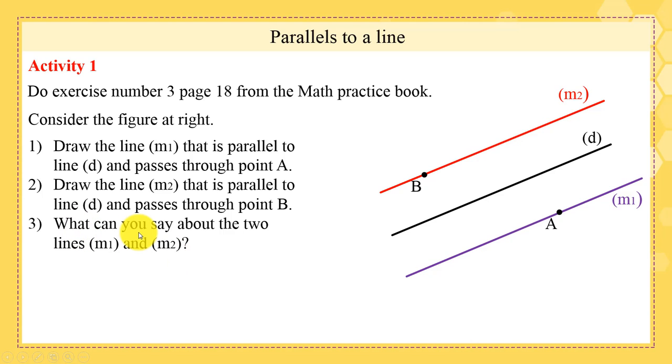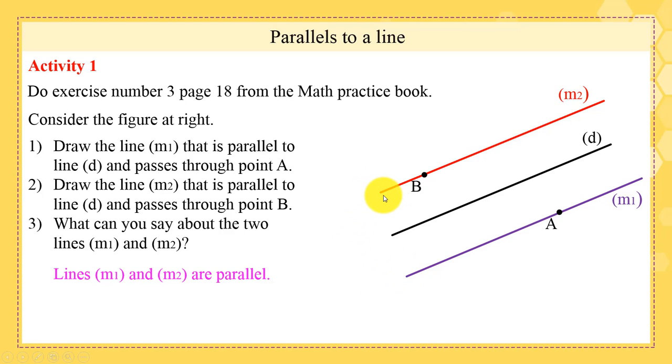What can you say about the two lines M1 and M2? This is line M1 and this is line M2. Lines M1 and M2 are parallel. Yes, excellent. Now, there is another reason why these two lines M1 and M2 are parallel.